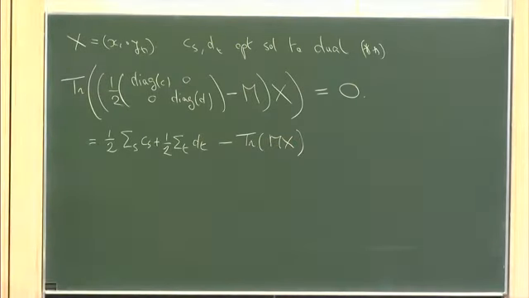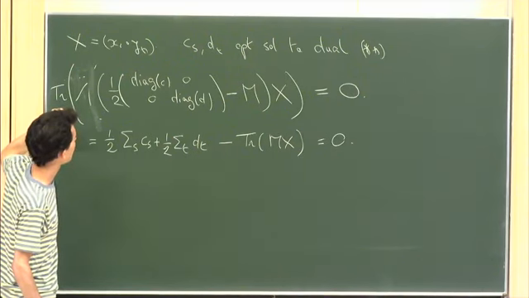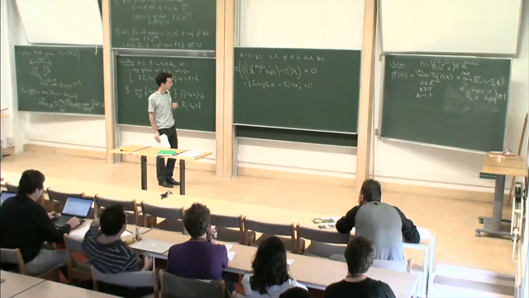So the product is not, but I guess I could rewrite this. Okay, let me rewrite it, sorry. Using that X is positive, I want to say that the product is 0.